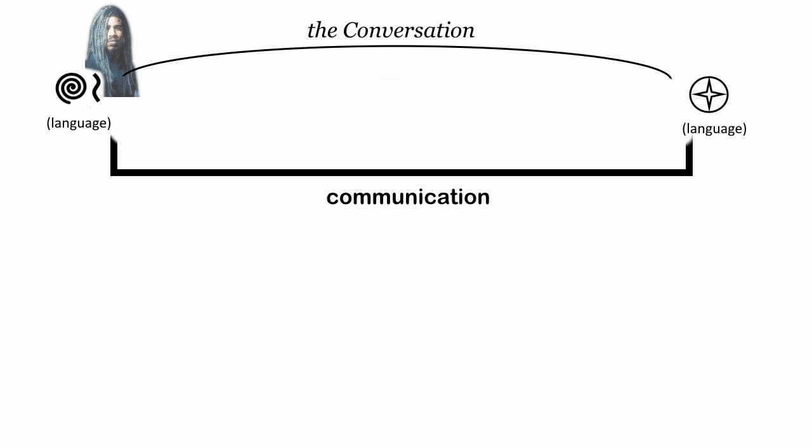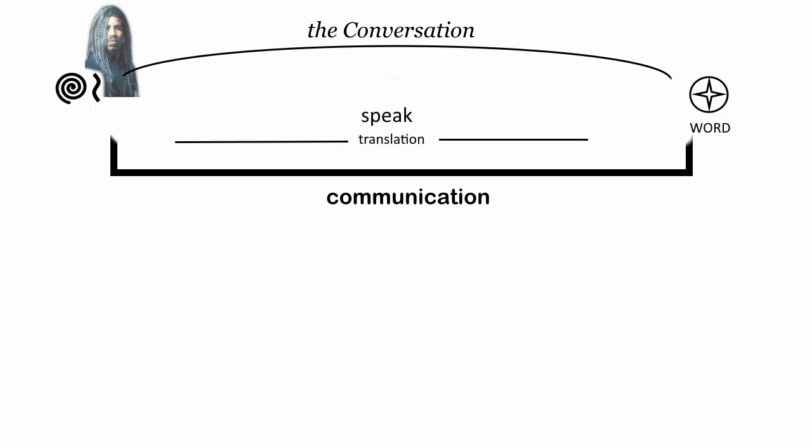Language is the pattern, and pattern is the language. You may consider a single appearance as a word. The magician speaks the new appearance into existence. The magician speaks the word for that appearance.